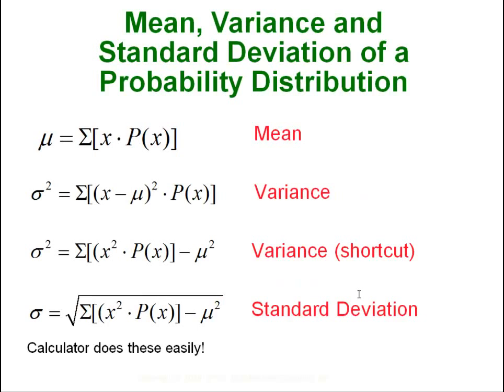Some very simple formulas for calculating our mean and our standard deviation. I wouldn't really worry about these formulas too much, especially not, two different formulas for variance is just silly. The mean, that's a pretty easy formula to do.